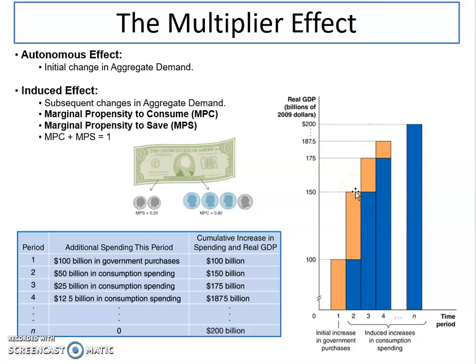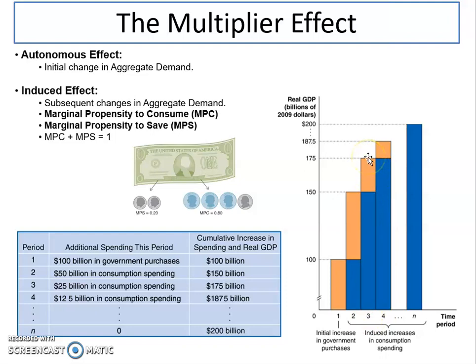Let's keep going. By the end of period 2, we have 150 billion in spending. Well, that's 50 billion in new GDP and spending from period 2. Half of that will be spent in period 3. So we have 25 billion in new consumption spending, taking us to a total of 175 billion. Period 3, we have 150 from periods 1 and 2.